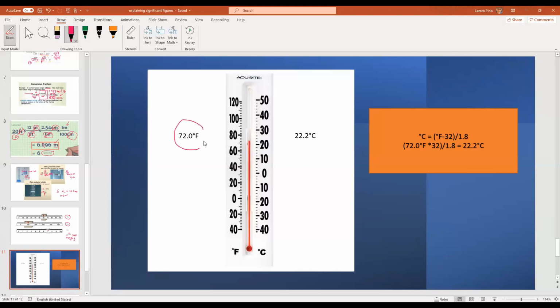If you have only this number and you want to convert it into centigrade, you have to use this formula. Then you will obtain a number like this. If the given number has 3 significant figures, your answer must have 3 significant figures too. No more, no less.